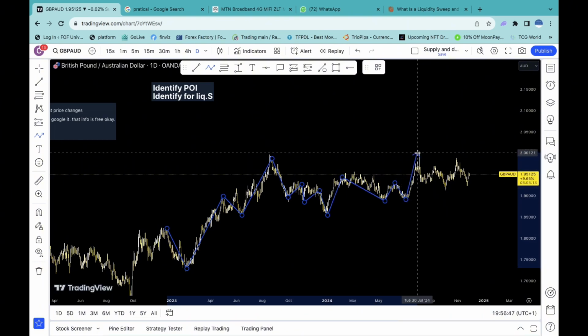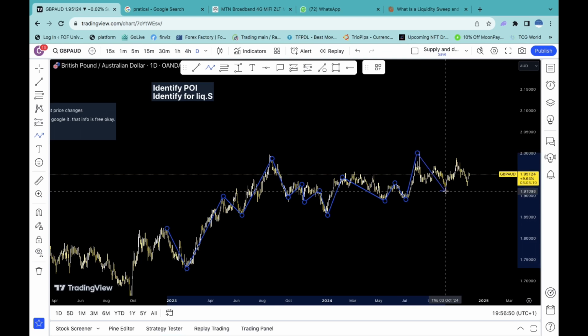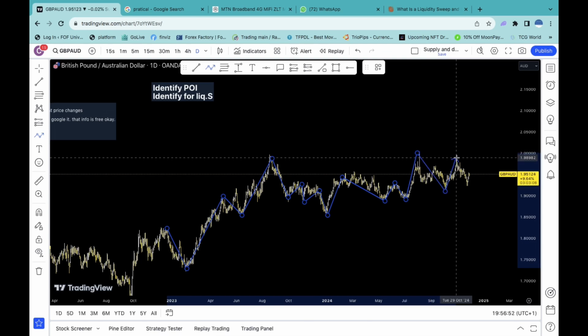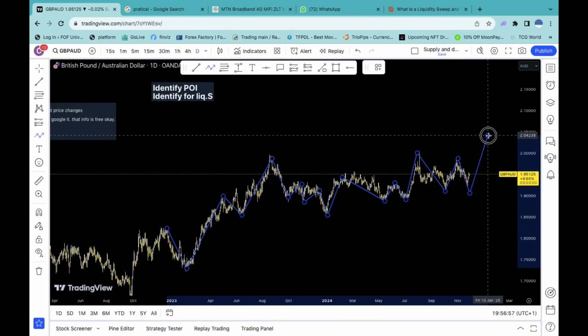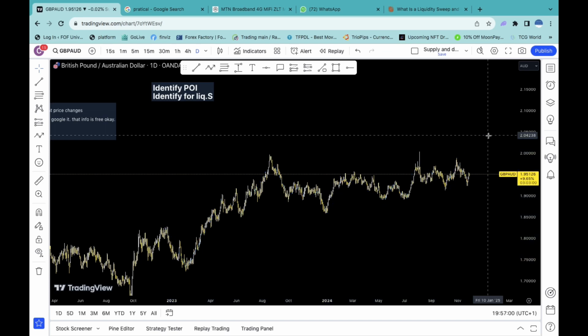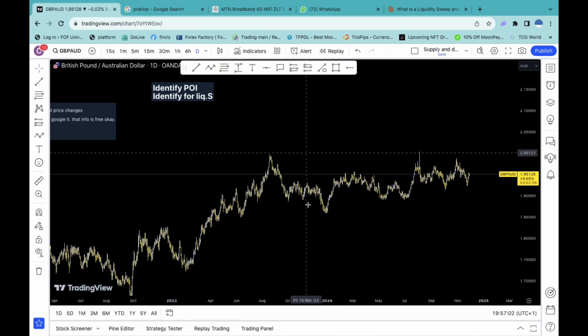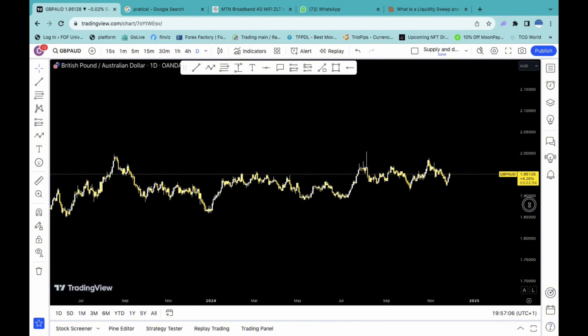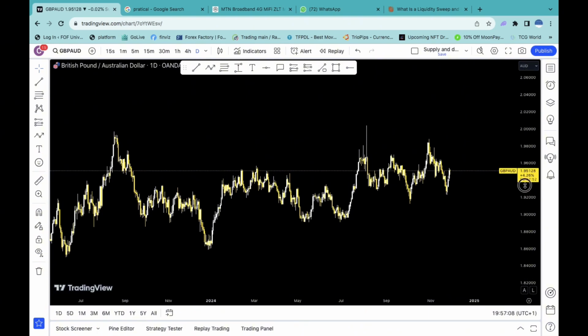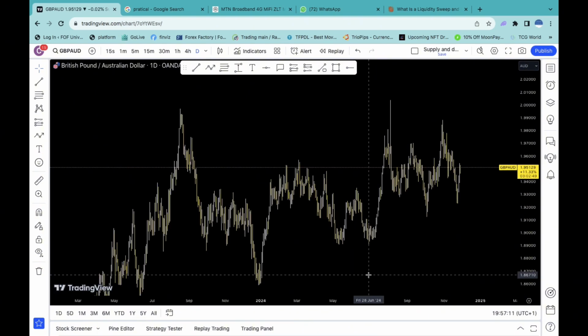Market came here and came back down, so it went up again. It's going to come back down, and when it does, I will join and ride it to the upside. That's what it is.